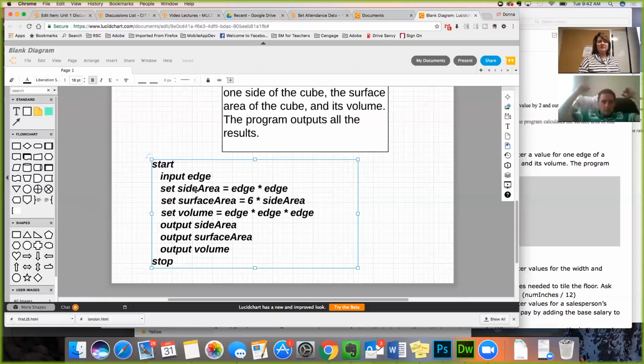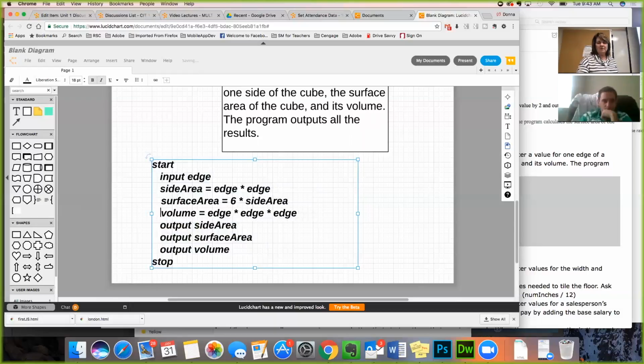So set side area, and here you don't have to use the word set. You can just simply say, put your calculation there and say side area. So they're using, this is another variable name, is equal to edge times edge. Surface area, you can say set if you want. Surface area is equal to 6 times side area.